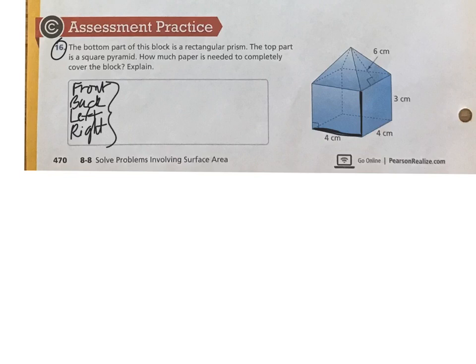And all of them are 4 by 3 rectangles, which is 12. And then we have 4 of those. So 12 times 4 faces equals a total area of 48.